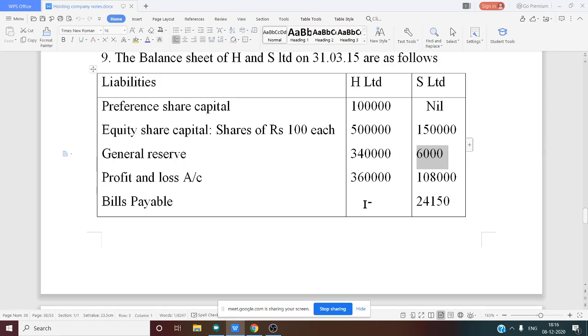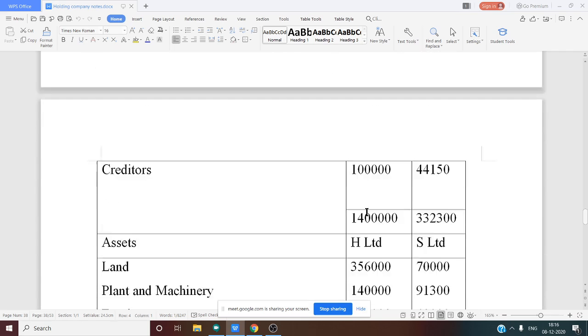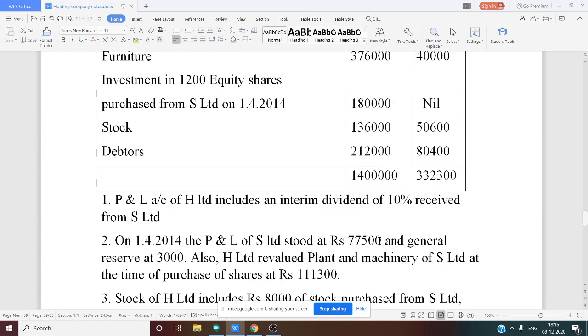Out of 6,000, 3,000 is pre, and of course the remaining 3,000 is post-acquisition reserve. Similarly, there is the profit and loss account of the subsidiary company, that is 1,08,000. That is the total P&L of the subsidiary. Out of that, 77,500 is pre, the remaining is post.